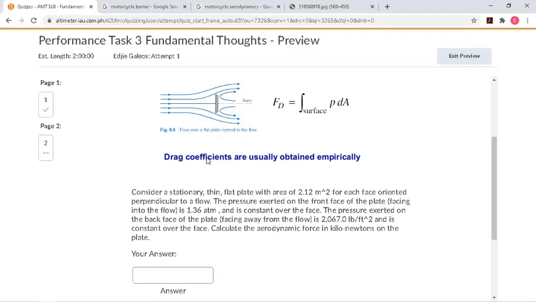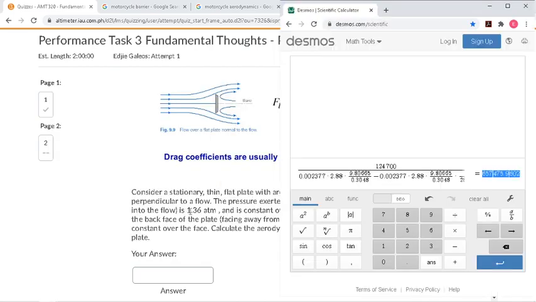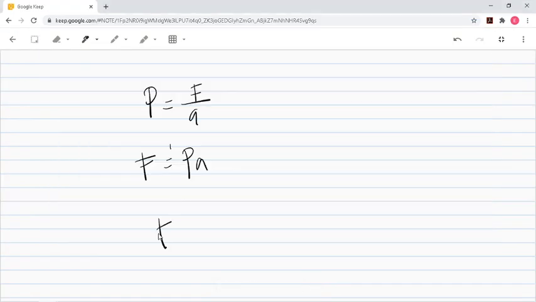Therefore, if we are looking for force, that's just pressure times area. In our case, what's needed is the aerodynamic force in kilonewtons on the plate. So it's the resultant force, Fr.